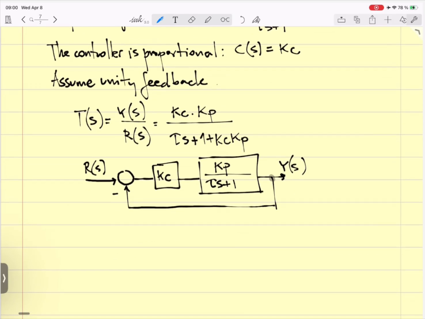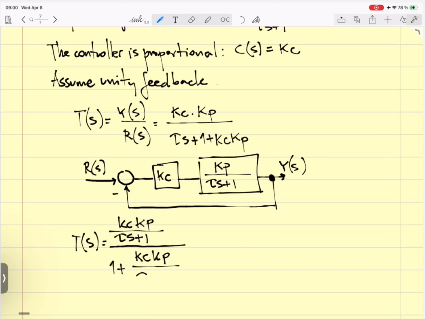Okay, and we have said that the transfer function is the multiplication k sub c times k sub p divided by tau s plus 1 divided by 1 plus the same k sub c k sub p over tau s plus 1. So if we refine this a little bit, we get k sub c k sub p divided by k sub c k sub p plus 1 plus tau s. Okay.